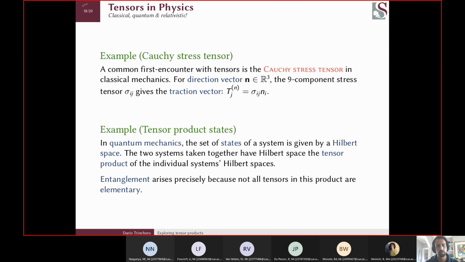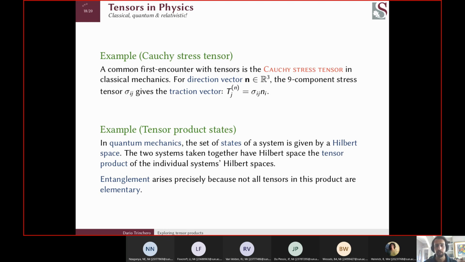But it's just a vector space. And if we take two systems together, then their collective Hilbert space, the set of states that the two systems taken as a whole can be in, is the tensor product of the individual systems' Hilbert spaces. Now, why this is interesting is because it leads to the property called entanglement, where the outcome of a measurement of one element of the system can greatly and instantaneously influence the outcome of the measurement of a different element of the system.